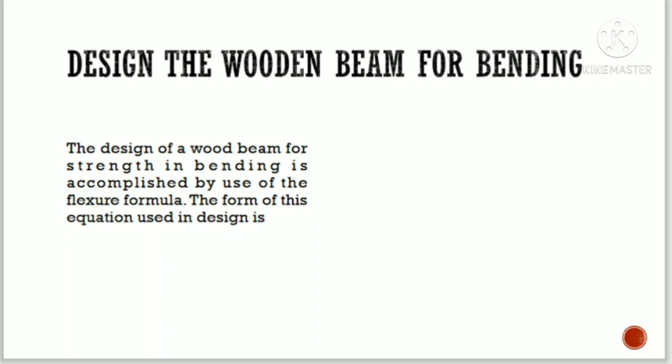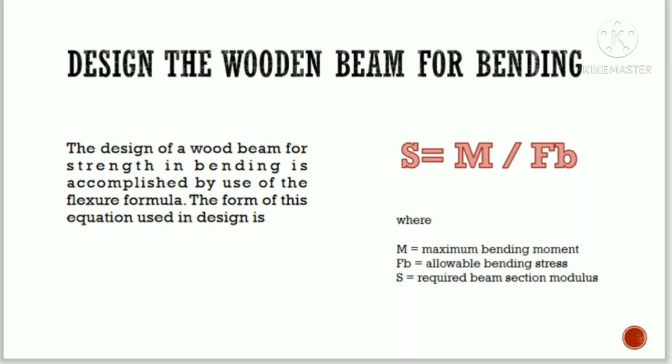The design of a wood beam for strength in bending is accomplished by use of the flexural formula. The form of this equation used in design is S is equal to M over FB, where M is the maximum bending moment, FB is the allowable bending stress, and S is the required section modulus, or the required beam section modulus.